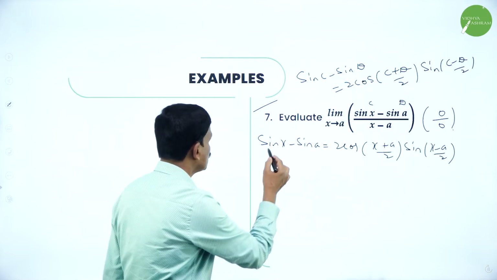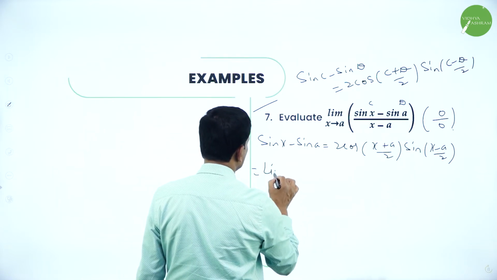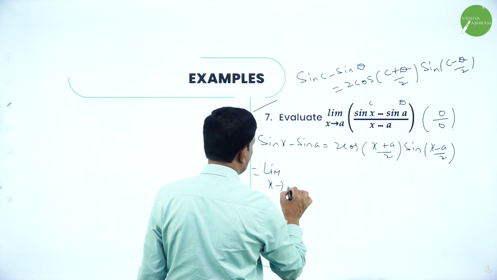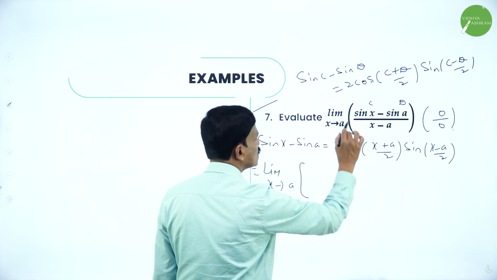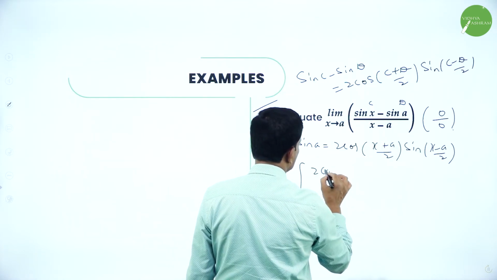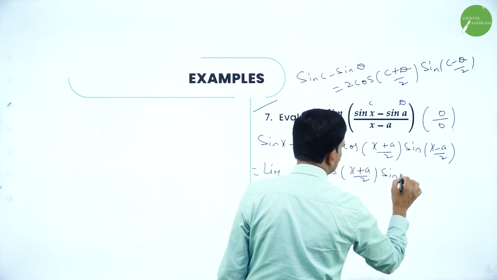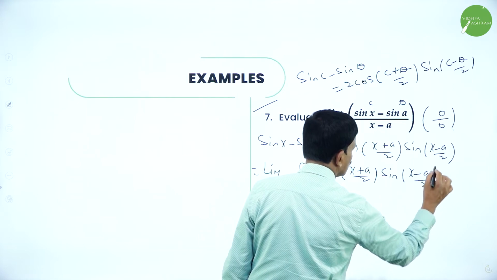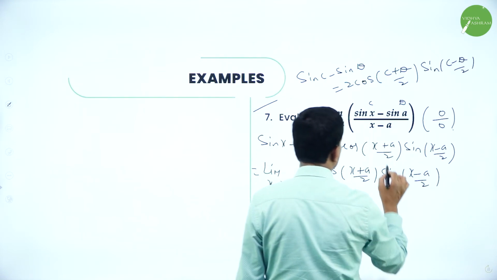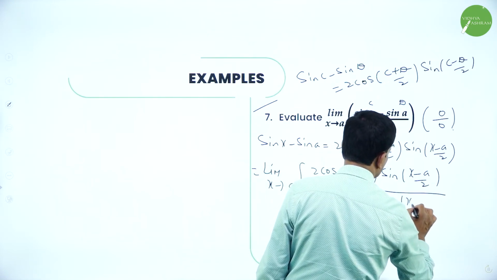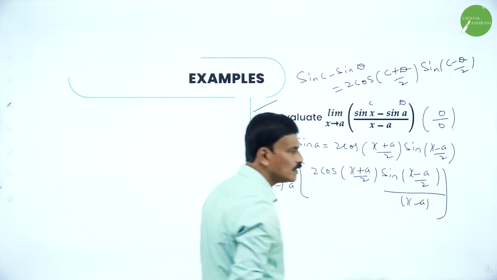Now substitute here. The given limit converts to limit x tends to a of, in the numerator, sin x minus sin a can be written as 2 cos of (x plus a) by 2 into sin of (x minus a) by 2, whole divided by, in the denominator we have x minus a. I will take x minus a here.